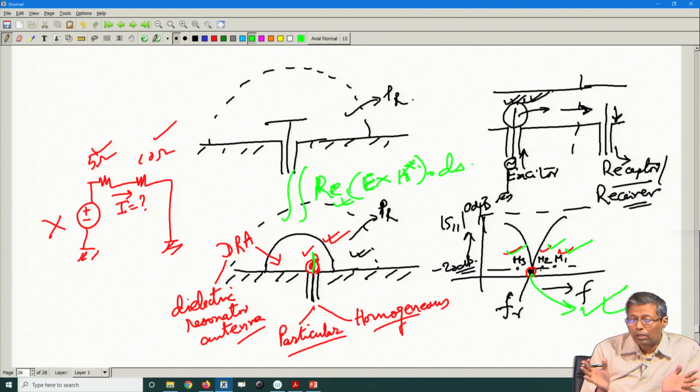Okay. The basic idea here is not to go into the details of how the Green's function is found out. It is an elaborate process and it runs through hundreds of pages, but that is not the main point. The main point here is how the concept of the power, the Poynting vector, enables us to design better devices, and not only that, to give us a deeper insight into the design of efficient devices.